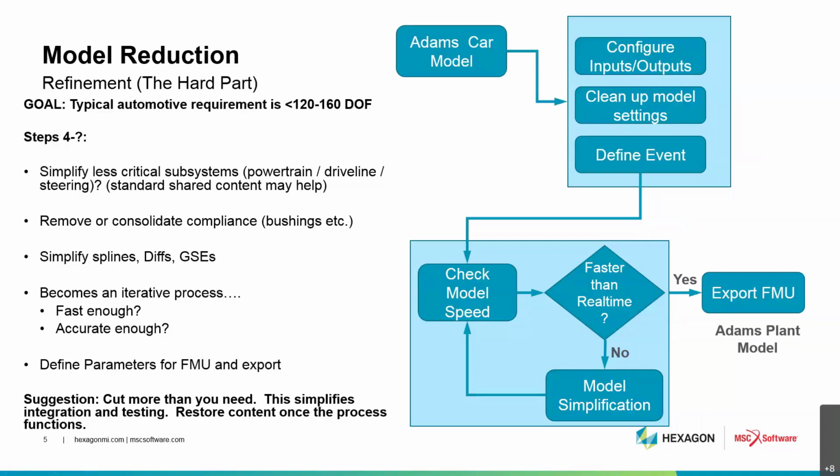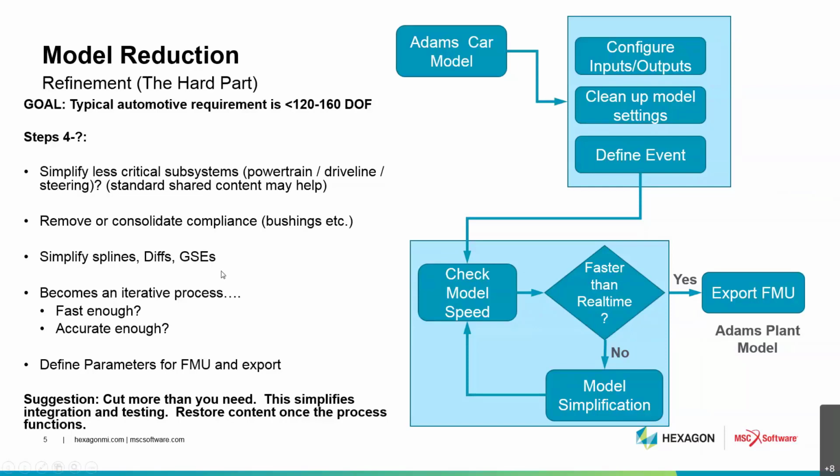You may need to take out some bushings that are less critical for your application, or you may have compliance in a drive shaft, compliance in half shafts, things like that that you can reduce for your application. And then we get into things like splines, diffs, GSEs in the model.